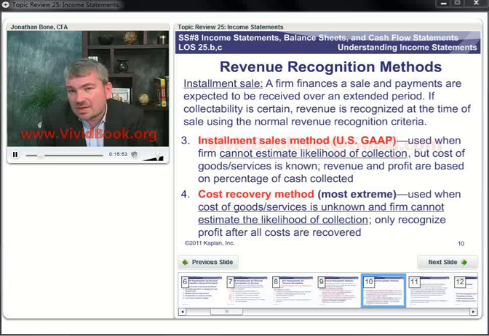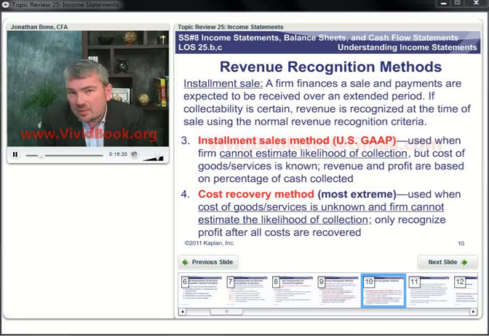Now, cost recovery method is the most extreme. It's used when we've got two sources of uncertainty regarding our installment sales. Source of uncertainty number one is whether the customer will pay you. Source of uncertainty number two is you don't know the total cost of providing the goods or services. So what we're going to do here is only recognize any profit once all the costs are recovered.